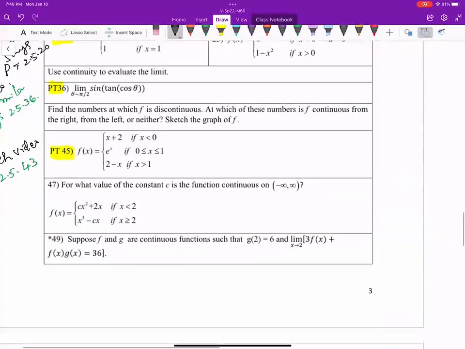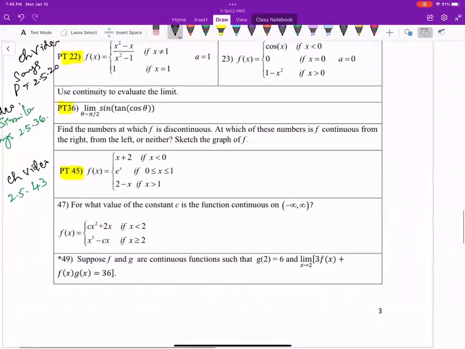So if you notice this function here, it can be considered as a composite function. And sine is continuous everywhere, cosine is continuous everywhere. But tan has asymptotes, so it's not continuous everywhere. It has discontinuities at the vertical asymptotes, namely odd multiples of pi by 2.